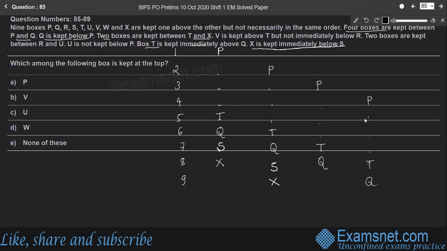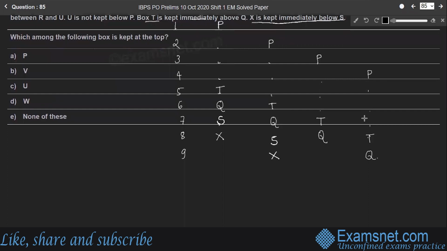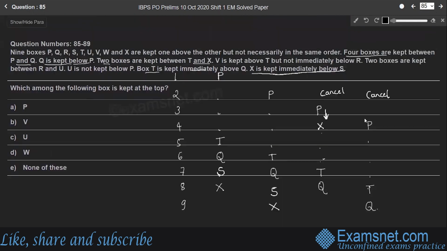In the third case, there are not more than two boxes below box T, therefore we have to cancel the third case. If you consider the position of X above T also, box X will not be below the box S, so it will be below the box P. Therefore, both case 3 and case 4 get cancelled. Consider only the first and the second case.